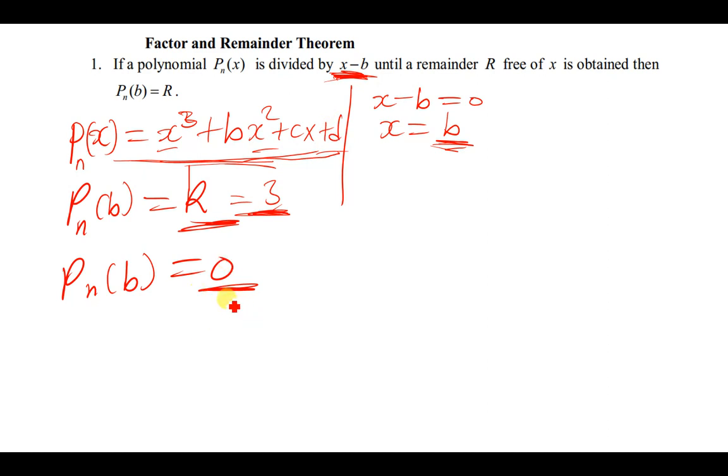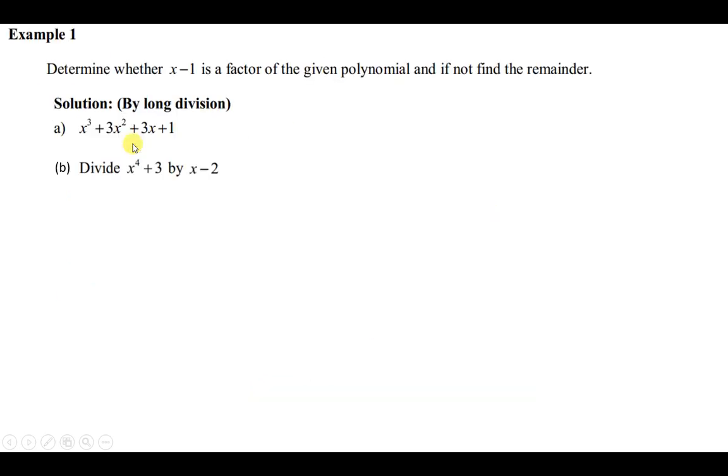And every time you find a remainder 0 after dividing two numbers or two functions, it means that the given linear function is a factor of that polynomial. A factor is simply a number that can go into another number without leaving a remainder.